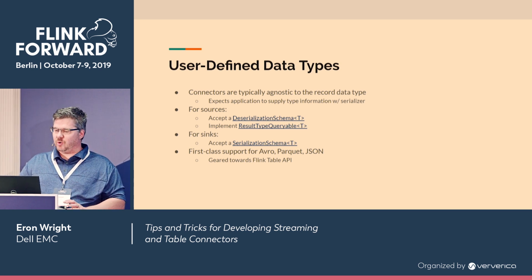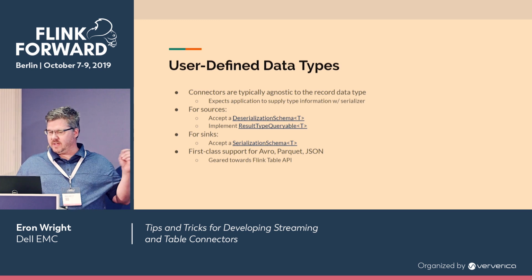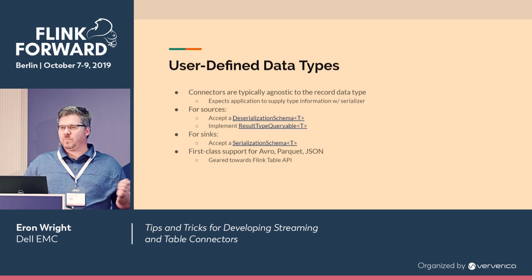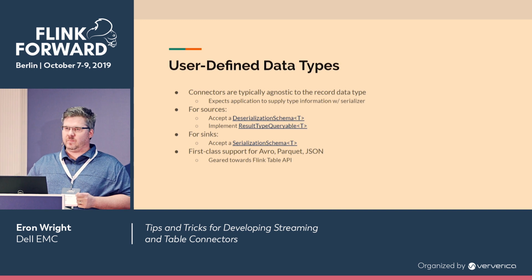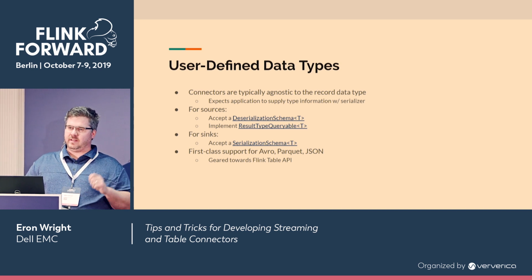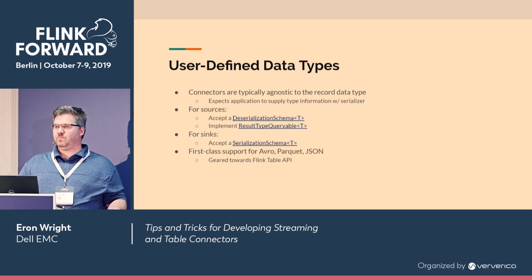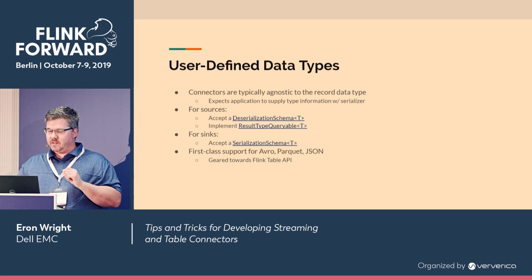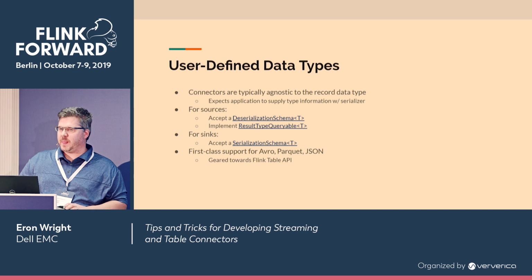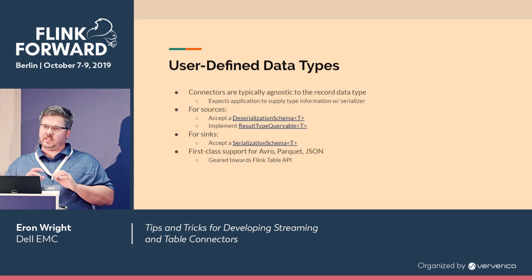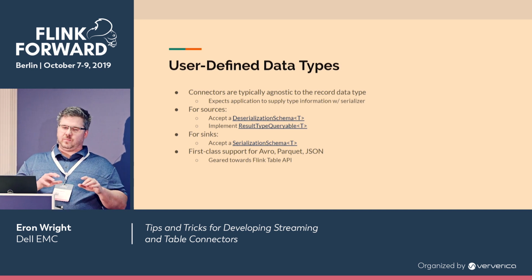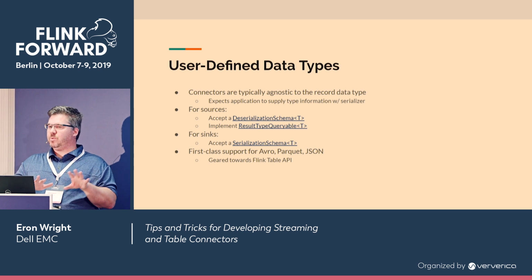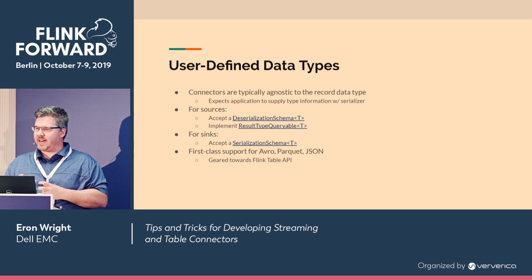In that case, you'll probably work with a type called DeserializationSchema, which is the interface that user code will implement to control how an individual record's deserialized, and you'll just want to work with whatever implementation they hand you. And you'll probably implement ResultTypeQueryable, which is an interface that lets your connector advertise what the output type is without that being statically known.